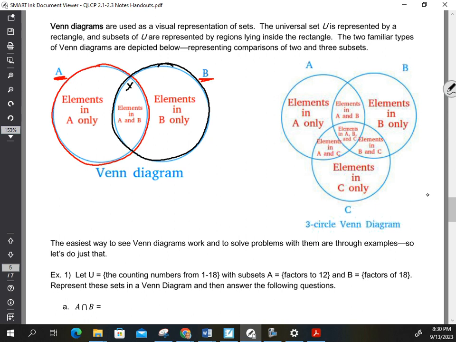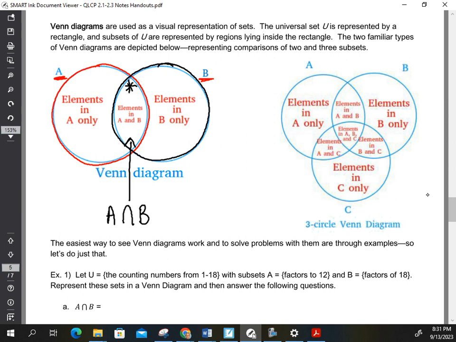Notice that there is an overlapping region. That overlapping region is all of the things that A and B share. If you remember from sections 2.1 and 2.2, that overlapping region would be known as A intersect B. Anything that they share.